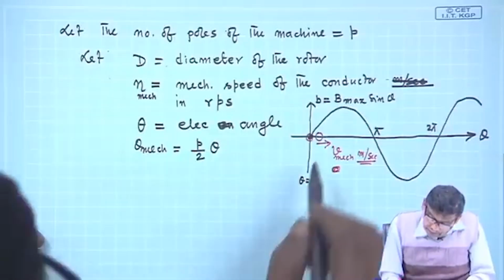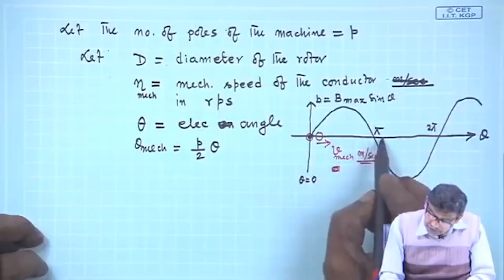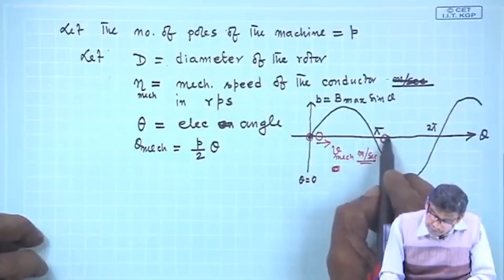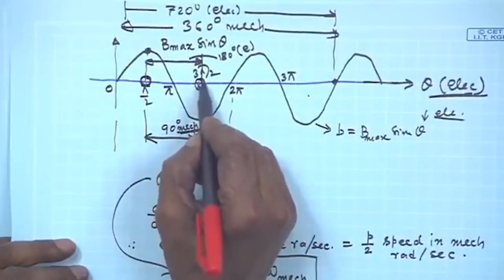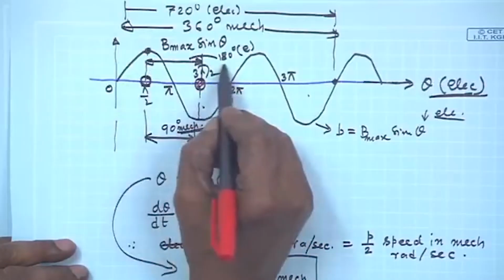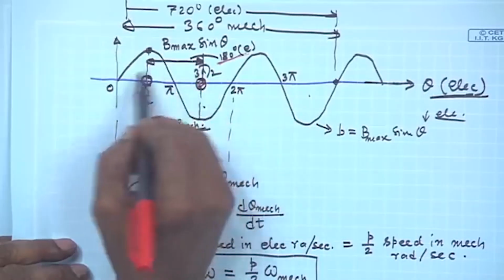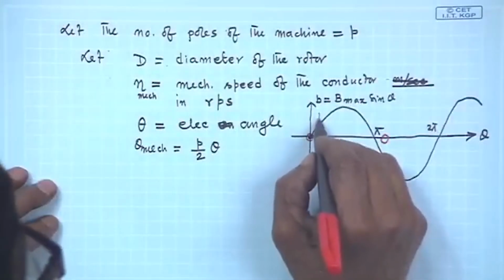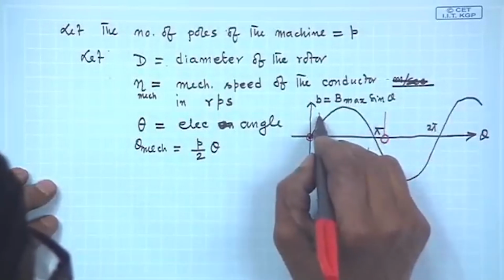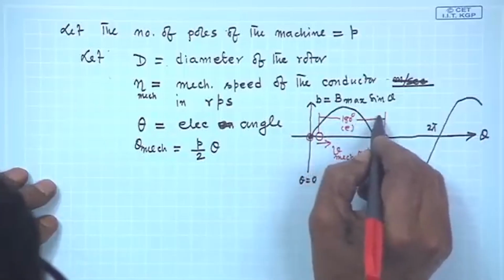Okay. But for a single conductor, I know what to do, but I want to use a coil. So, coil, I told, if this is one coil side, I must make sure the other coil side will be 180 degree electrical apart. So the coil span is 180 degree electrical apart. It has to be always.